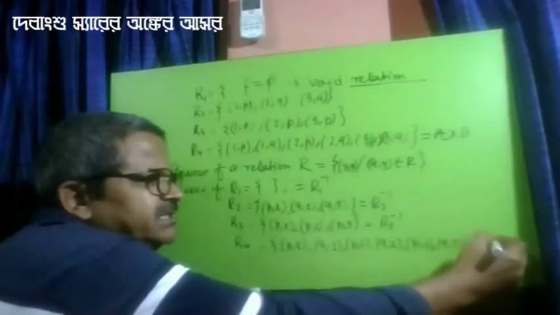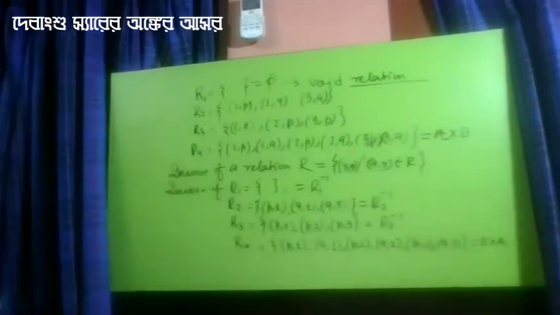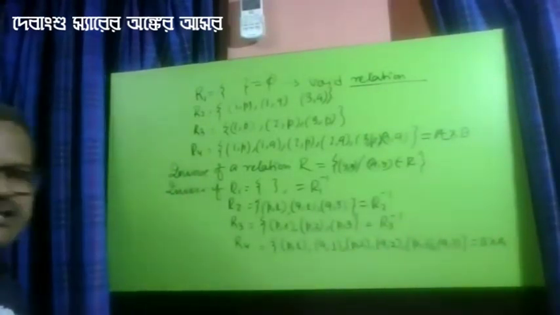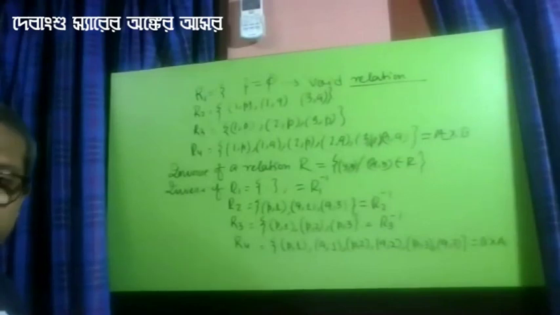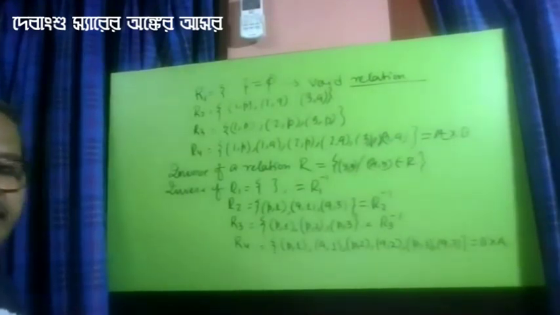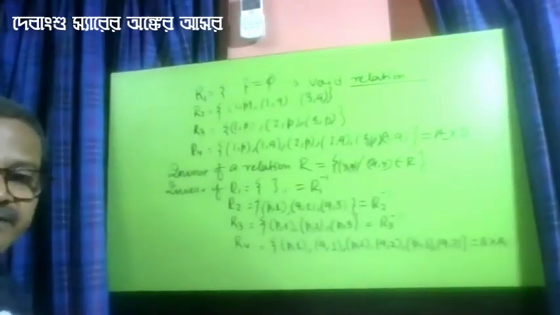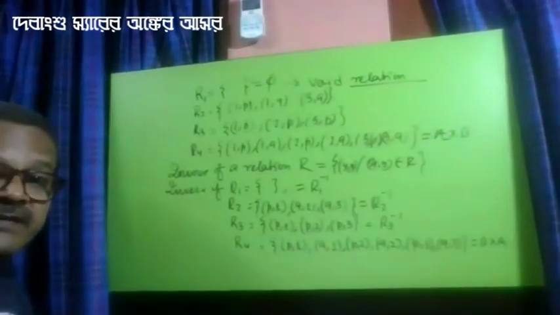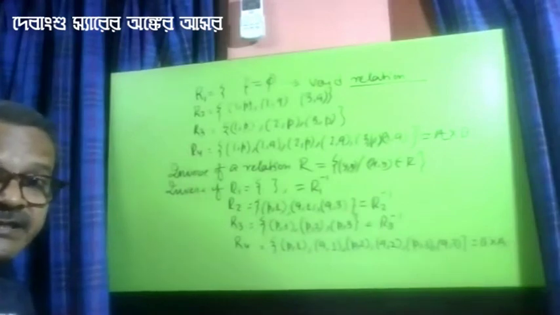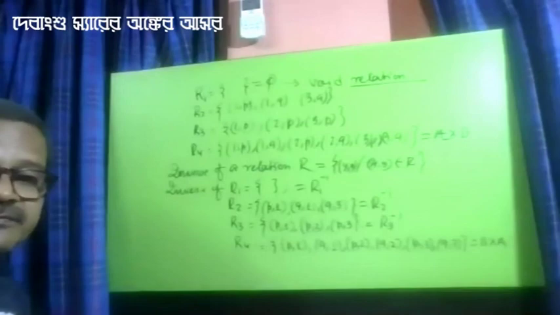That is B into A. So this is a very tough method of finding the inverse of a relation. So finding the inverse of a relation is a very tough job to me. It may be a very easy job to you, but it is very tough to me.